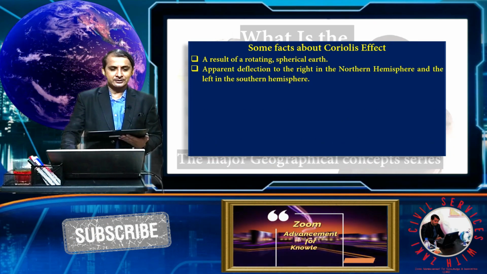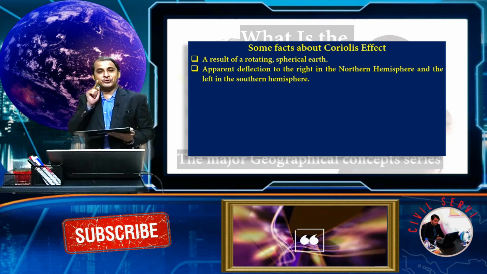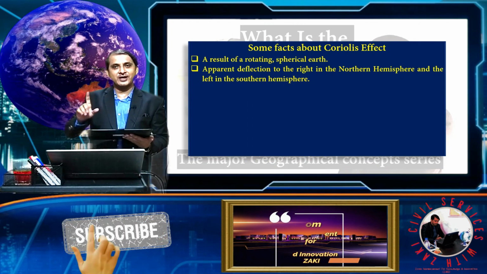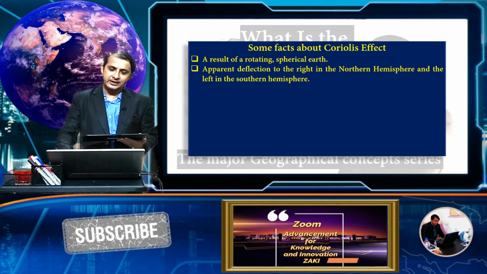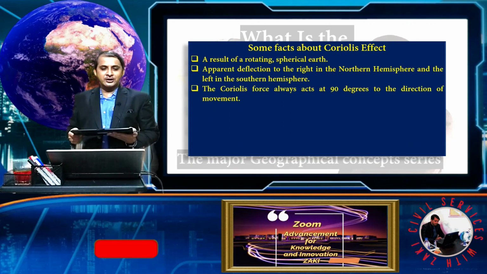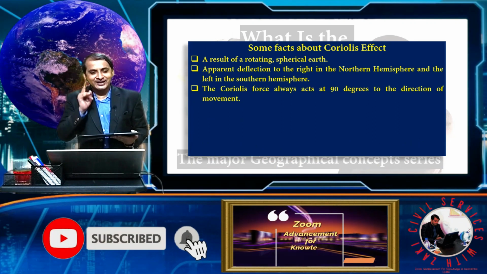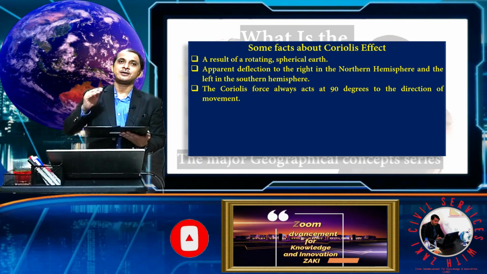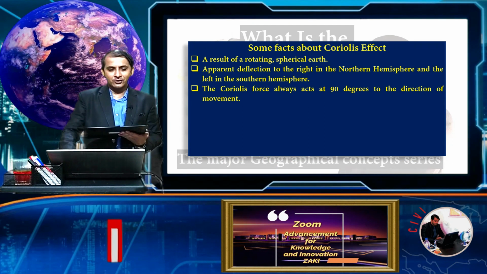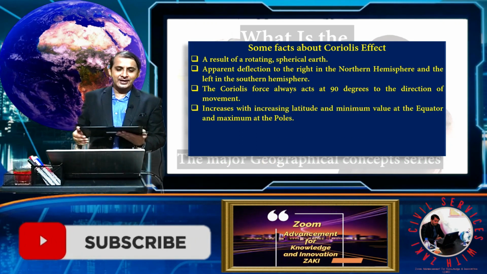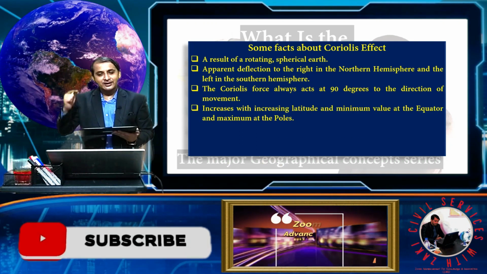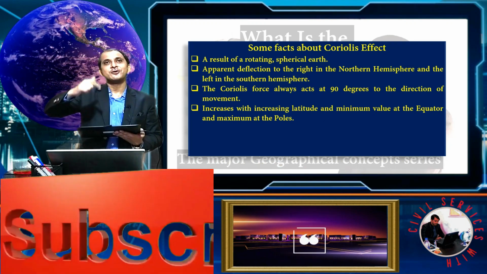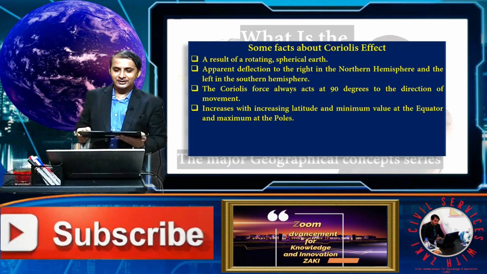Another thing is apparent deflection: right in the northern hemisphere, left in the southern hemisphere. The Coriolis force always acts at 90 degrees to the direction of movement. Another is that it increases with latitude. So as latitude increases, Coriolis impact increases.